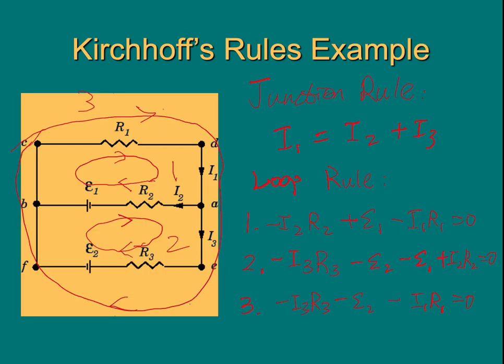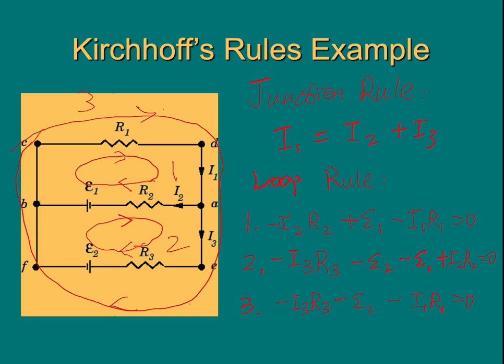Now, let's have an example. In this example, we have two junctions, point A and point B, but you can check point A and point B will give us the same junction equation, the same equation for the currents. Now we have the current that goes into junction A is I1.